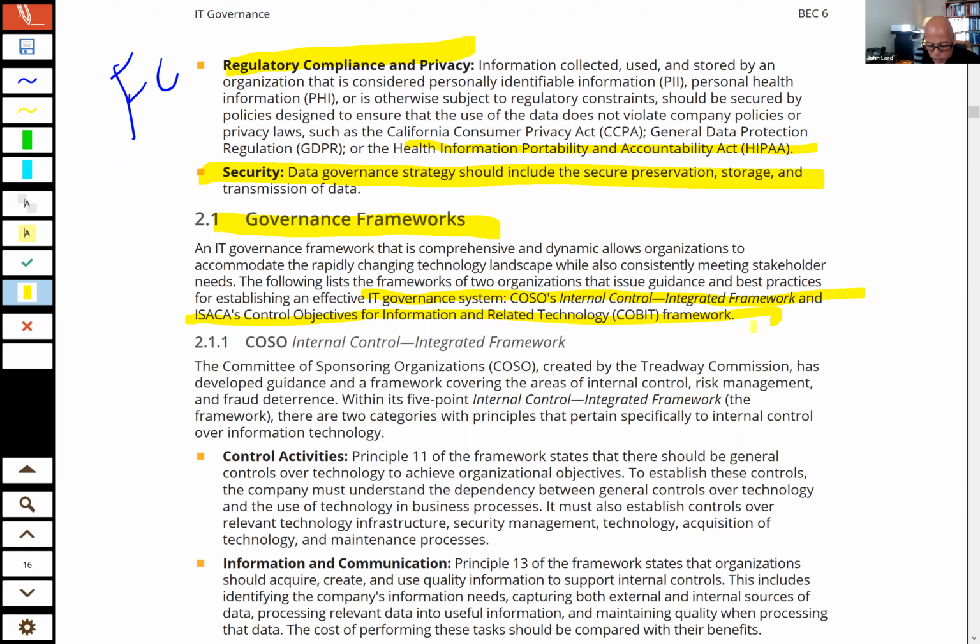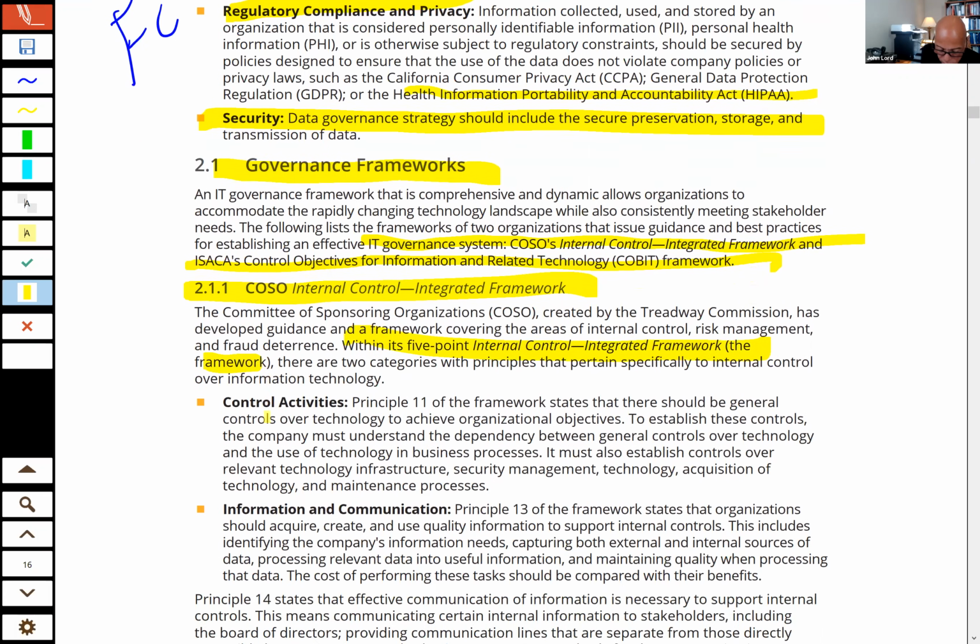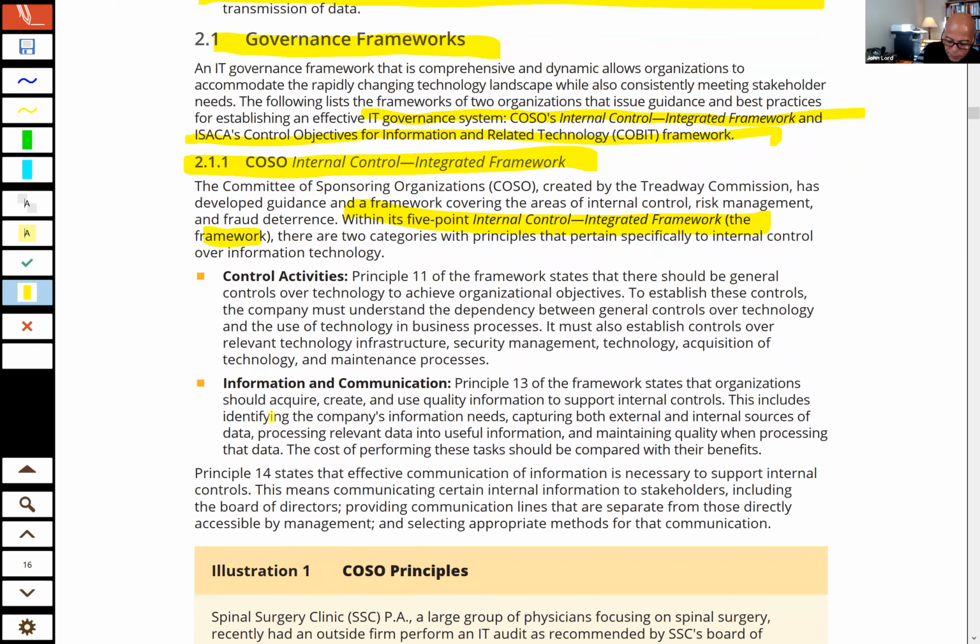And then there's also ISACA, Control Objectives for Information and Related Technology. That's another audit organization. So let's take a look first at COSO. COSO has various principles here, and they have a 5-point integrated framework, and each one of those components then has principles.